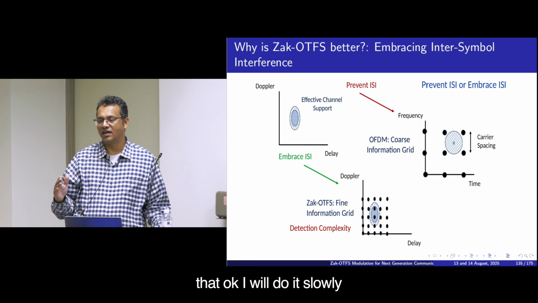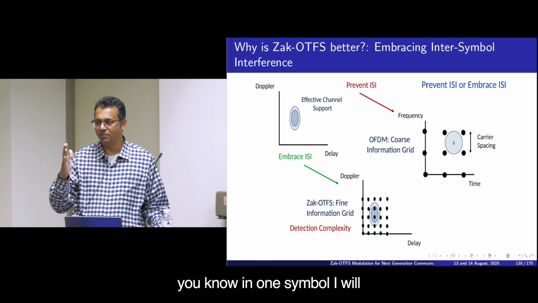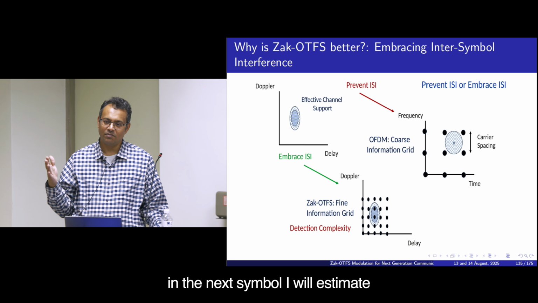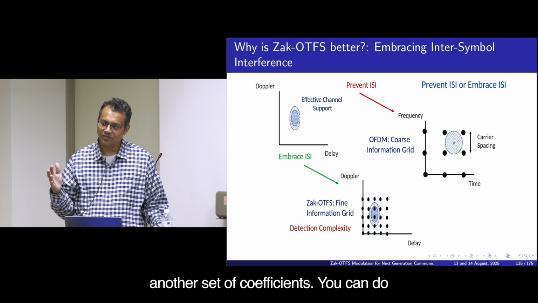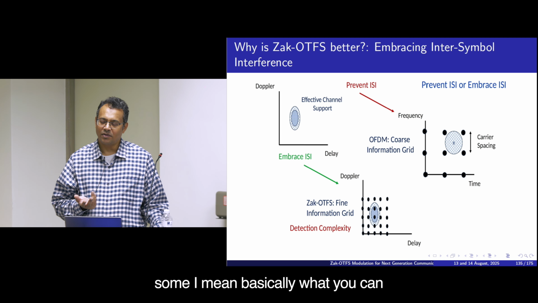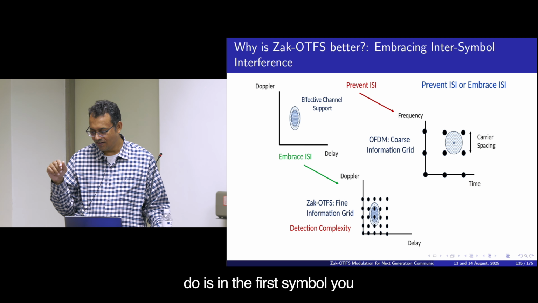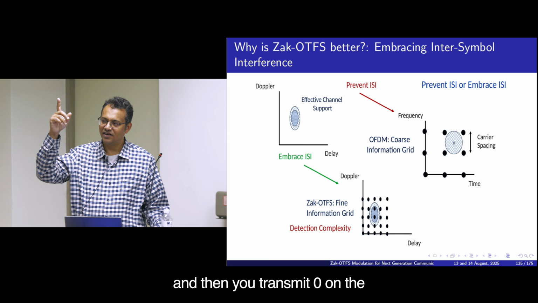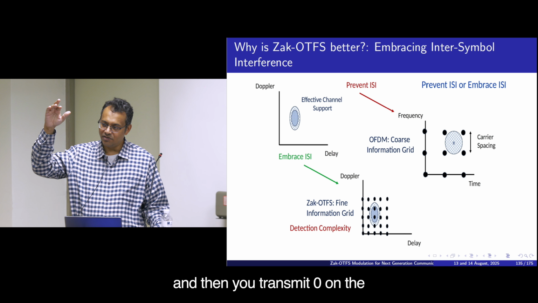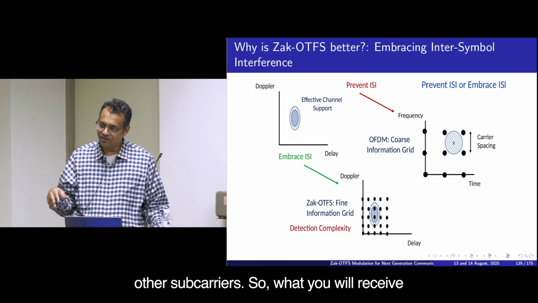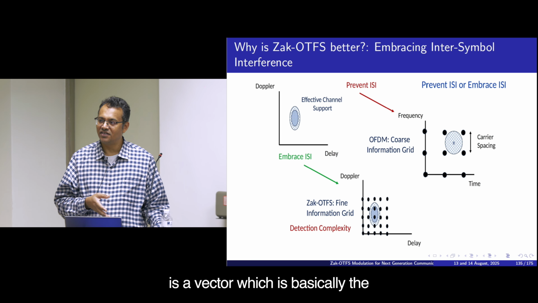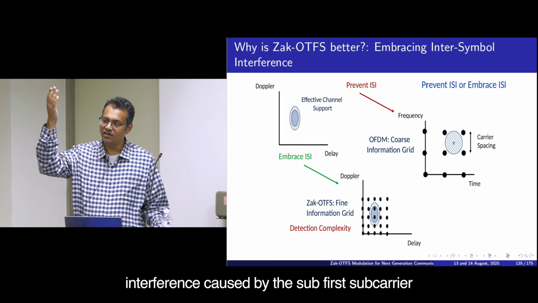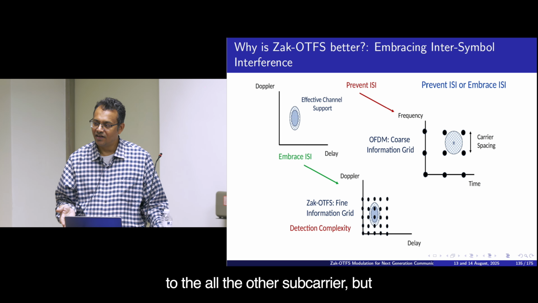You may say that, okay, I will do it slowly, in one symbol I will estimate this, and in the next symbol I will estimate another set of coefficients. What you can do is, in the first symbol you transmit a 1 on the first subcarrier, and then you transmit 0 on the other subcarriers. So what you will receive is a vector which is basically the interference caused by the first subcarrier to all the other subcarriers.